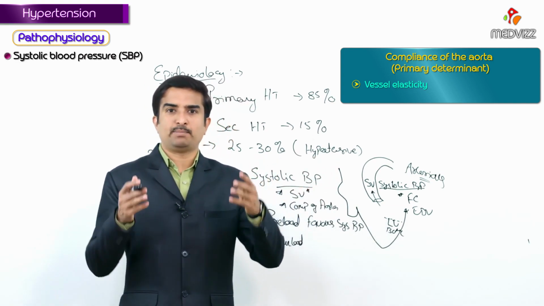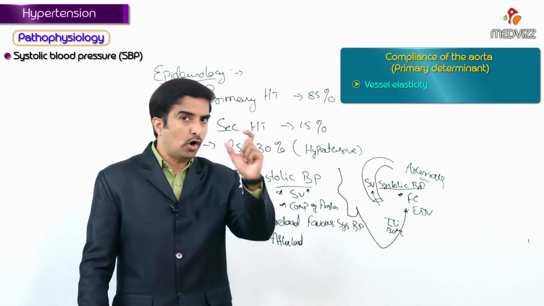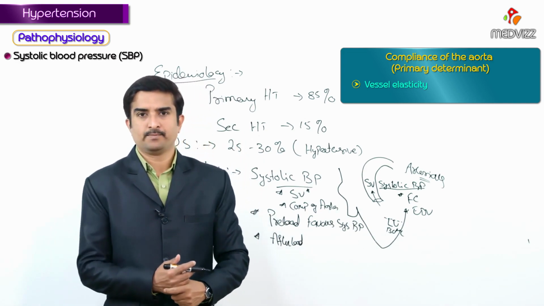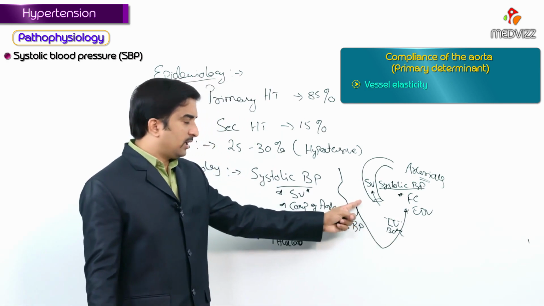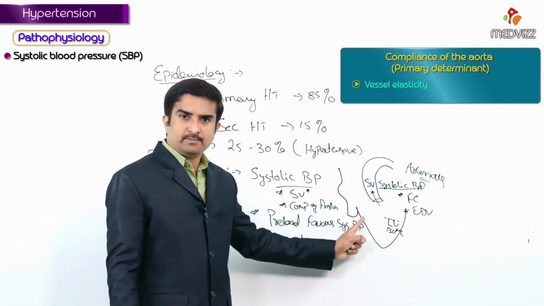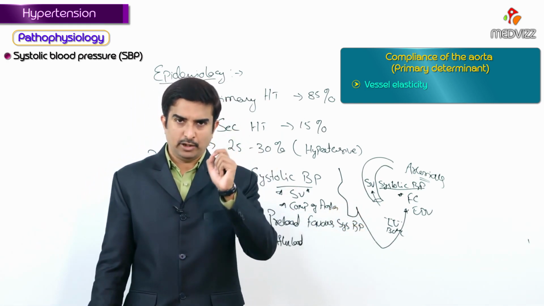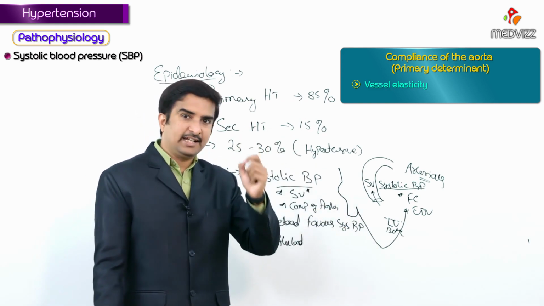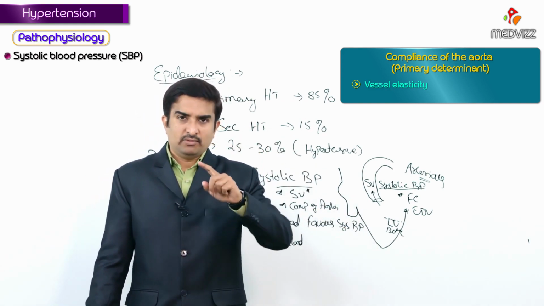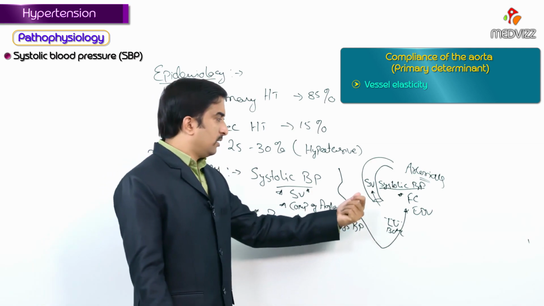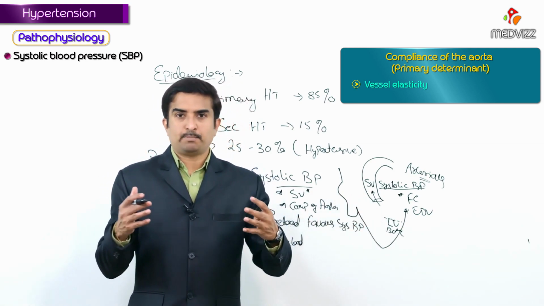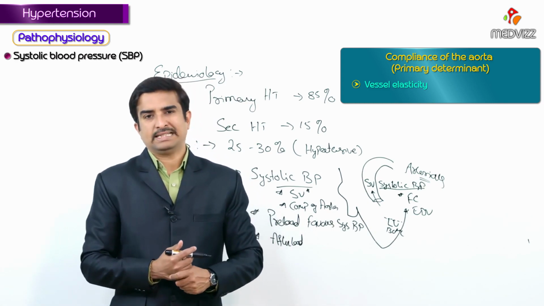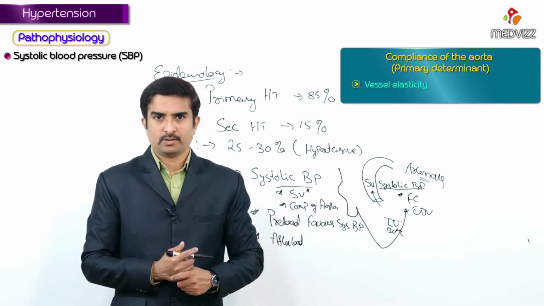So systolic blood pressure also depends upon the compliance of the aorta, that is, the elasticity of the aorta. If the elasticity is normal, systolic blood pressure will be normal. If there is a decrease in elasticity, there will be greater pressure in the aorta. So the greater the pressure, remember, the greater the systolic blood pressure.